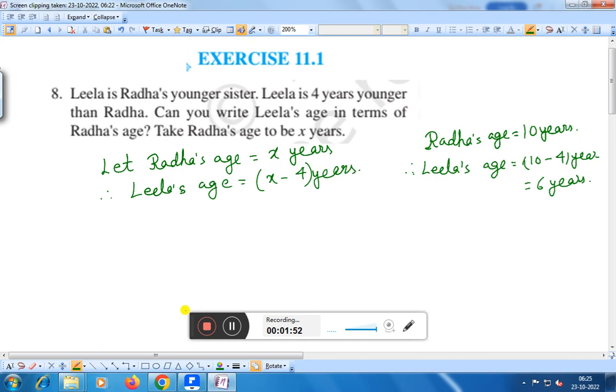That means if Radha's age is x years, then Leela's age is x minus 4 years. This is Leela's age in terms of Radha's age. Leela's age is x minus 4 years. This is the solution of question number 8.